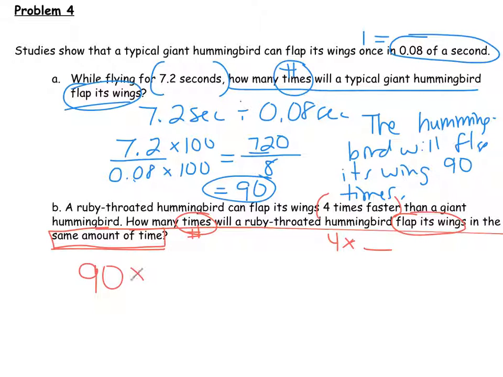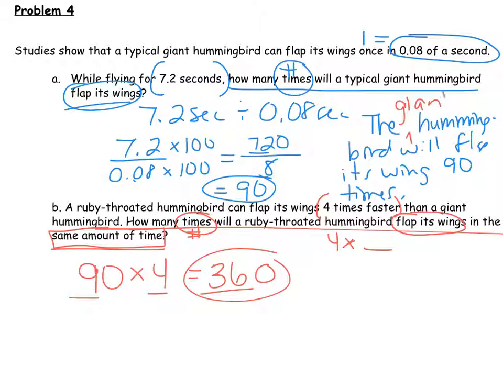90 times 4. Well, 9 times 4 is 36, and I add the 0. So 360. So let's write that in the statement, and I need to add up here the giant hummingbird.